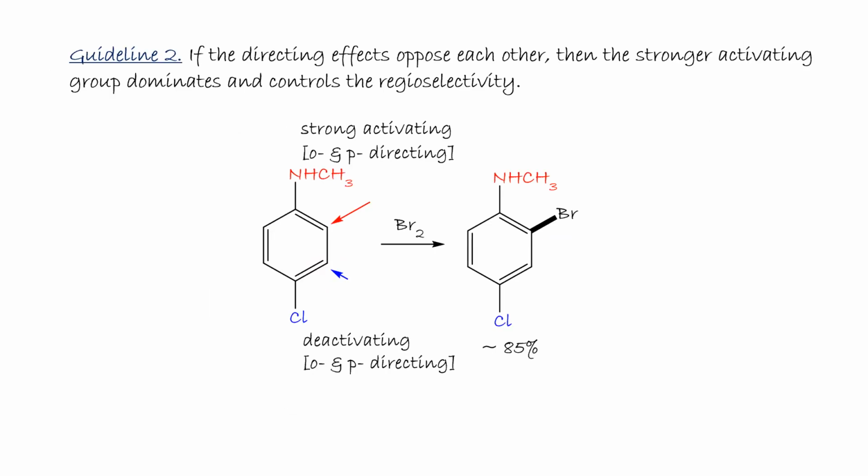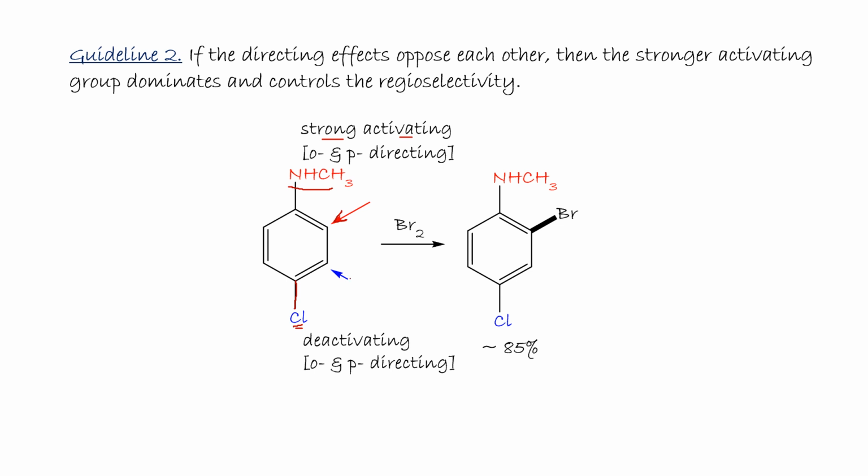Guideline 2: if the directing effects oppose each other. We have here NHR and CH3, that's also para, and this is a strong activator. We have here Cl, also para, but a weak activator. So we have here ortho, and para is blocked.